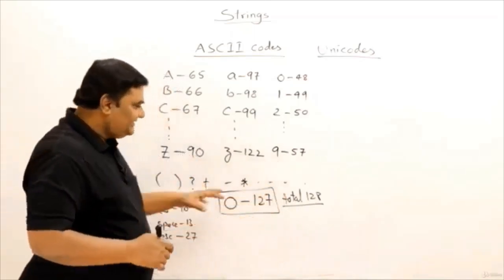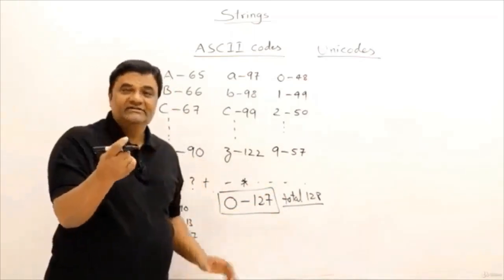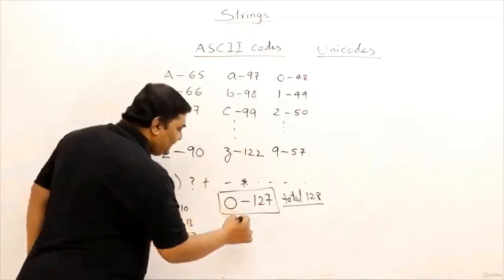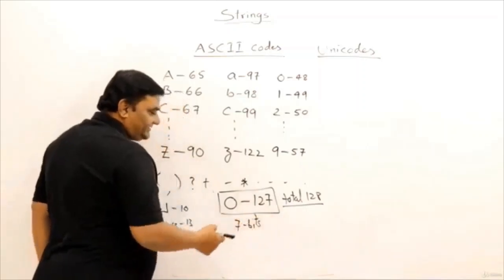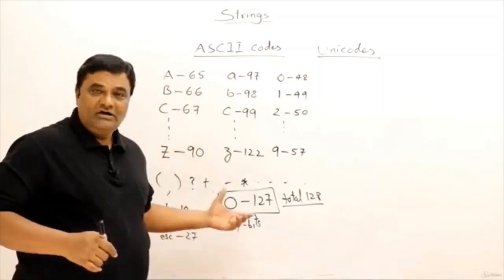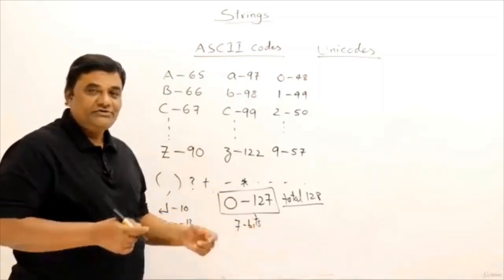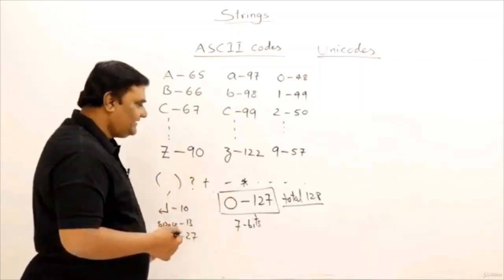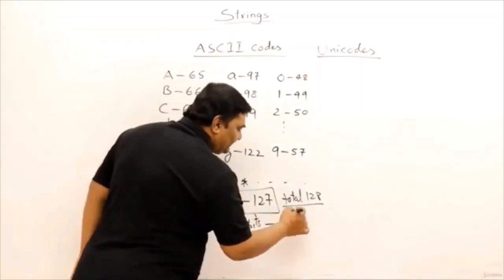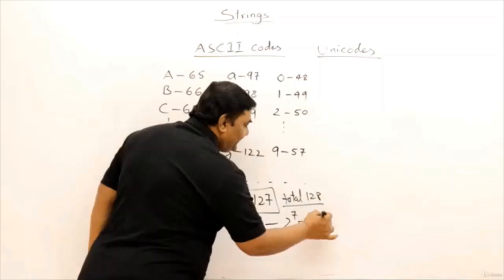To represent any one symbol of these ASCII codes, 7 bits are sufficient. That is binary bits. I guess you know how binary numbers are stored. So you need binary digits, and 7 digits are enough, like 2 power 7 is 128.